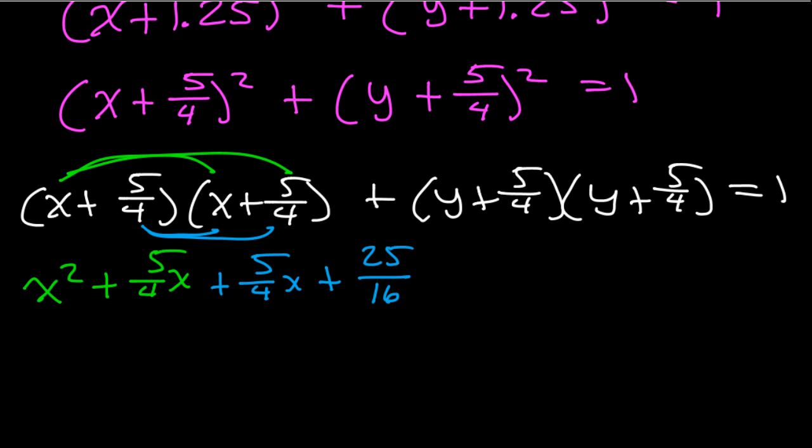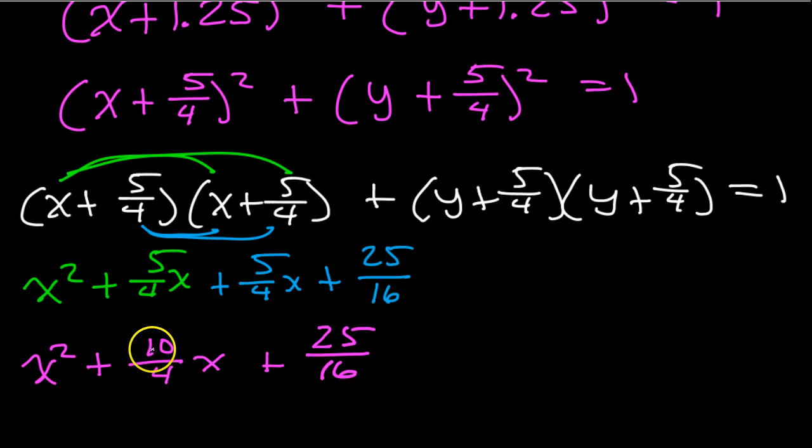If I combine these like terms, then I'm going to get x squared plus 5 fourths plus 5 fourths is 10 fourths. So that would be 10 fourths x plus 25 over 16. But 10 over 4 simplifies down to 5 over 2. So I'm going to reduce that.